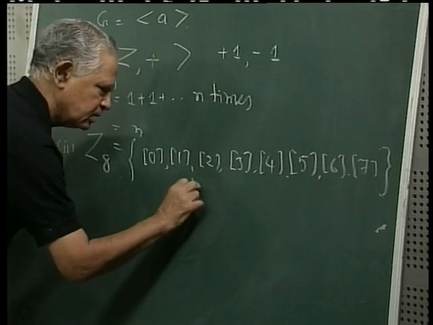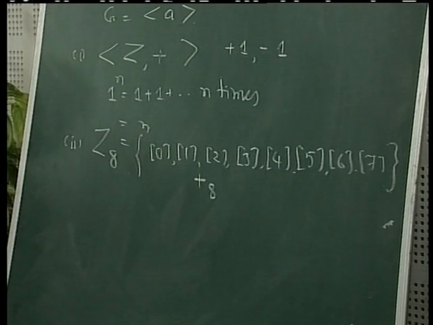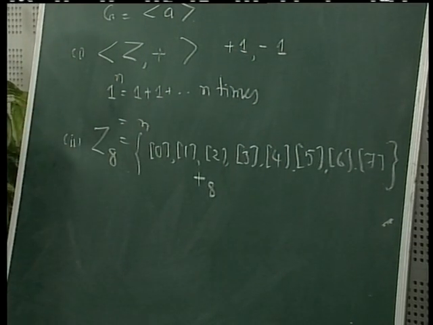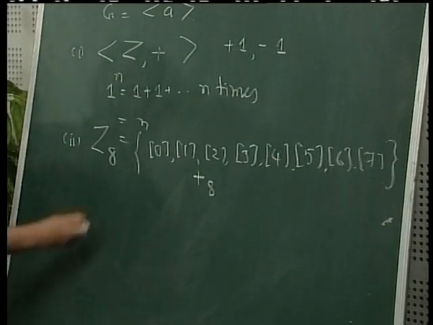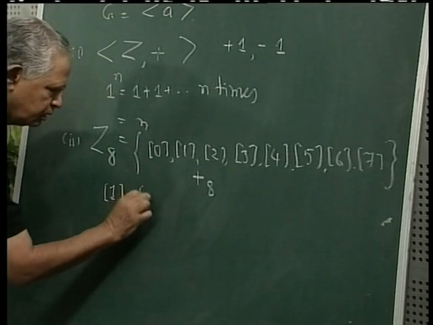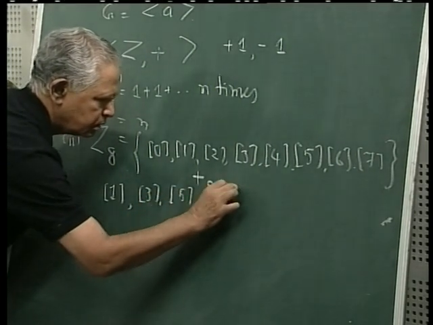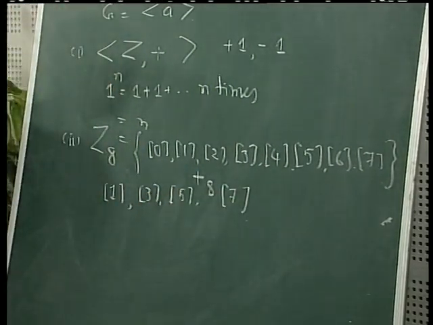And the operation is addition modulo 8. Then this is also a cyclic group and it has 4 generators: the equivalence classes of 1, 3, 5 and 7.